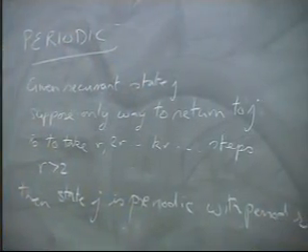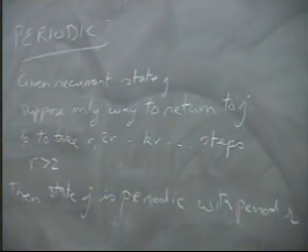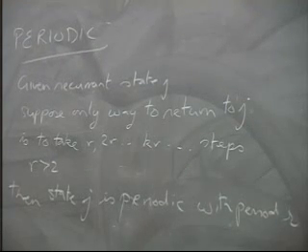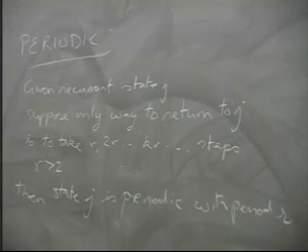Okay, that's the definition. Again, it's pretty intuitive. I cannot come back to that state other than as a multiple of some number r, which is clearly true here, r equals 3.